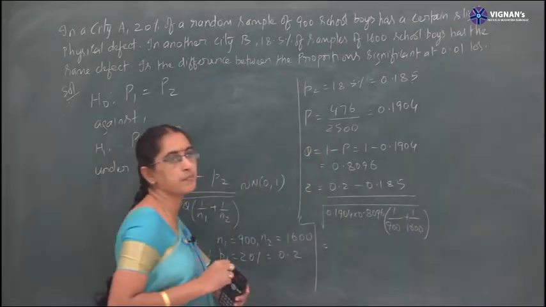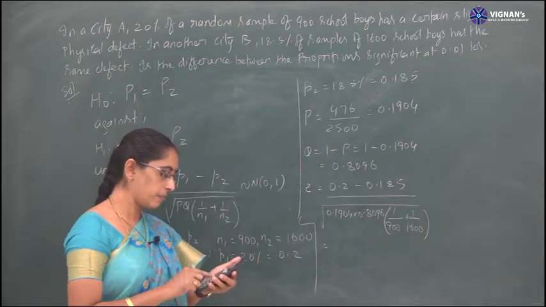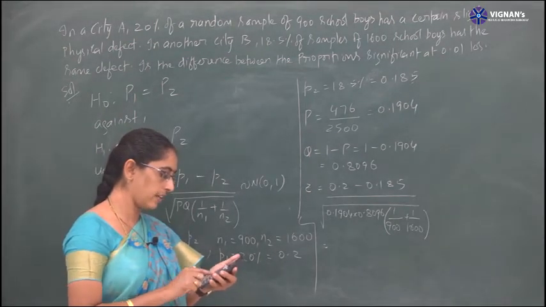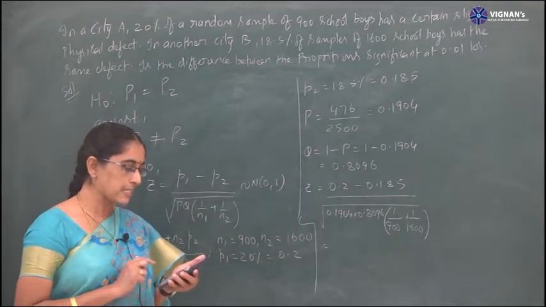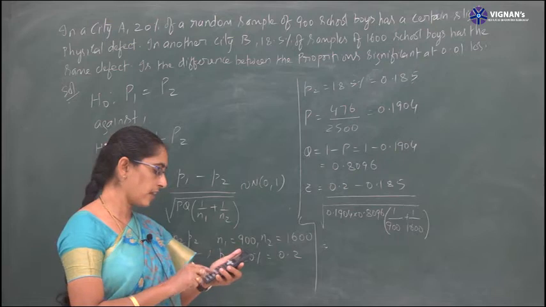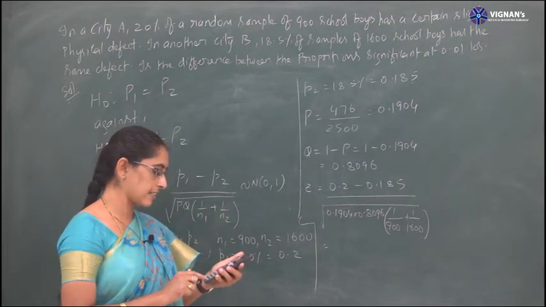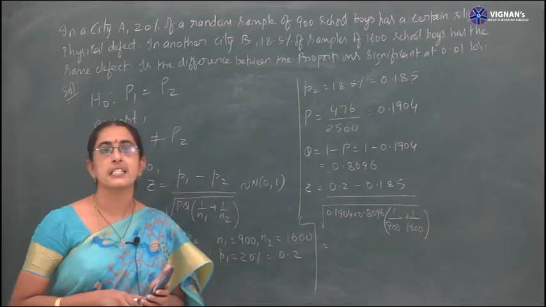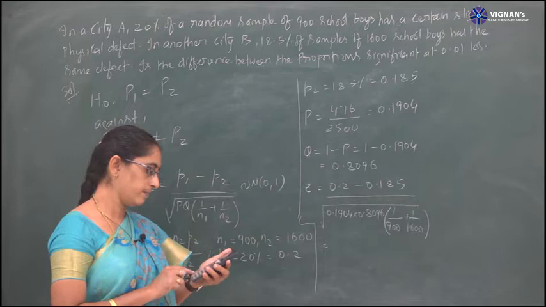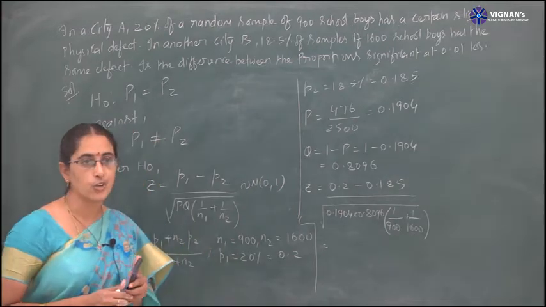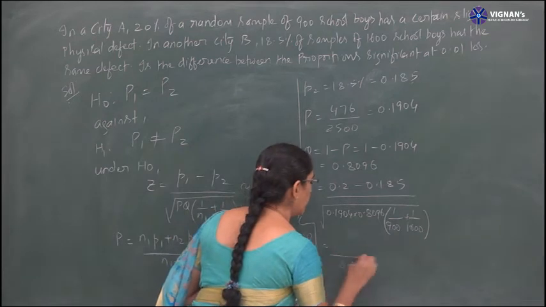Now first simplify the denominator. So 1 by 900 plus 1 by 1600 is 0.0017. Multiply with 0.1904 into 0.8096, so it is 0.0003. Now the square root of this is 0.0173. So this is the denominator.